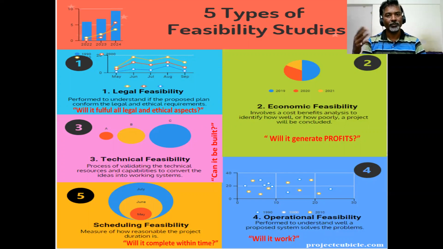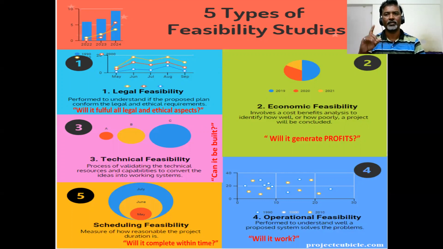Some people have added other types like organizational feasibility and cultural feasibility, but the basic types are these 5: legal, economic, operational, technical, and schedule. Now we will see one by one what activities come under each type. The first type is legal feasibility study.